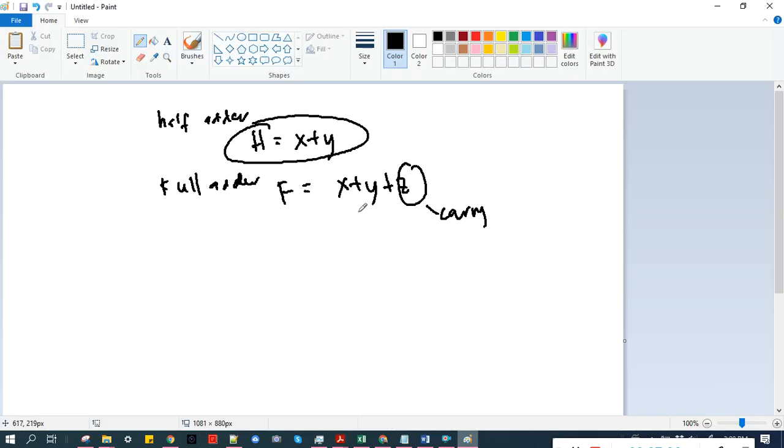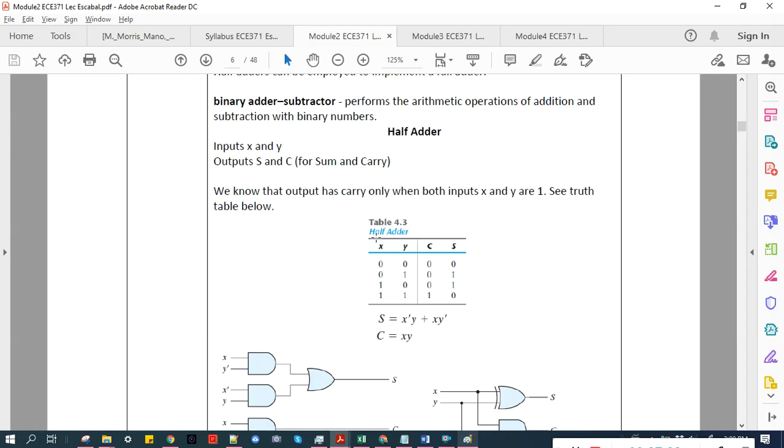We have 2 inputs X and Y, and for the other columns, the outputs are the carry and the sum. We write down all the possible combinations of inputs from 0 0 to 1 1. 0 plus 0 is 0, 0 plus 1 is 1, 1 plus 0 is 1, then 1 plus 1: the sum would be 0, and there will be a carry of 1.